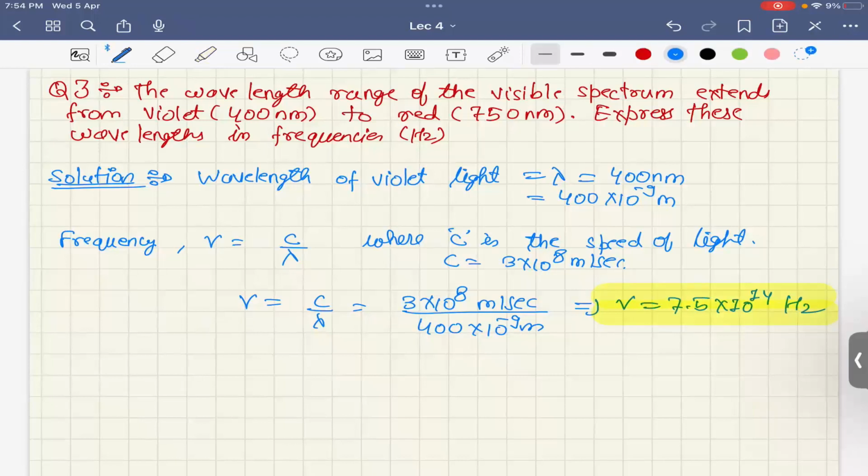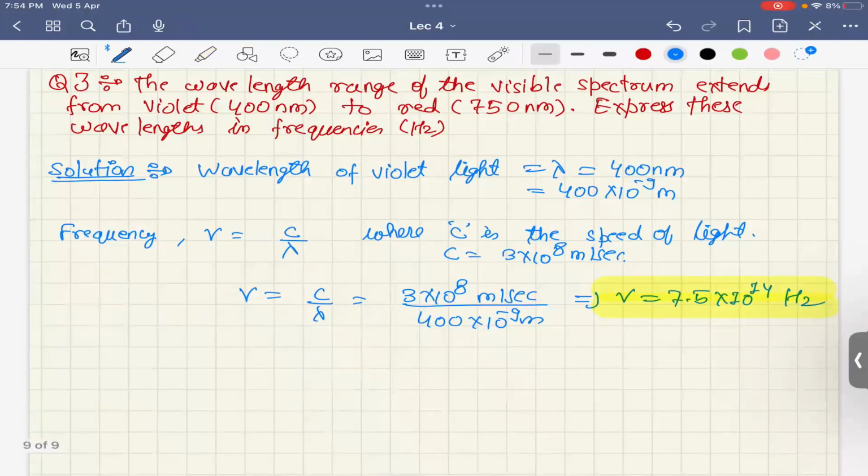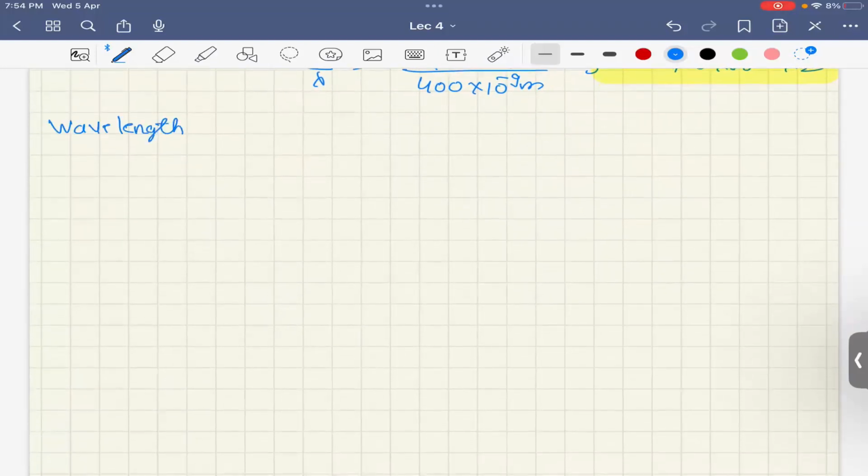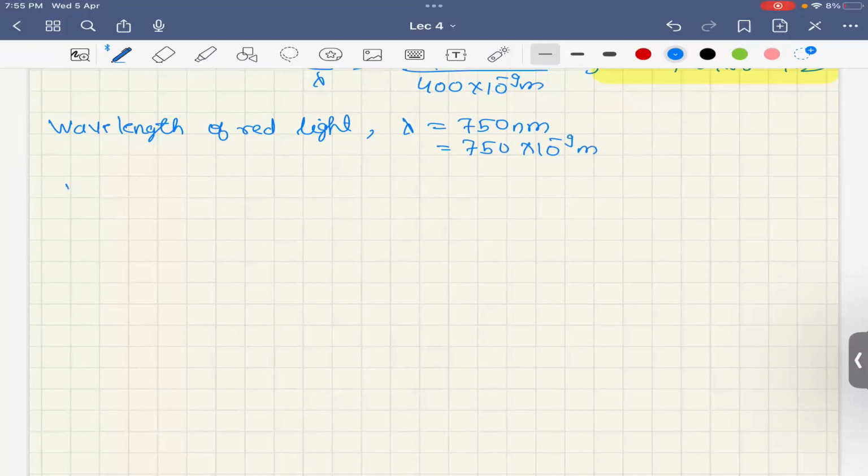Now for red light, what we have is the wavelength of red light, lambda, is nothing but 750 nanometers, which is nothing but 750 × 10 raised to power minus 9 meter, right?